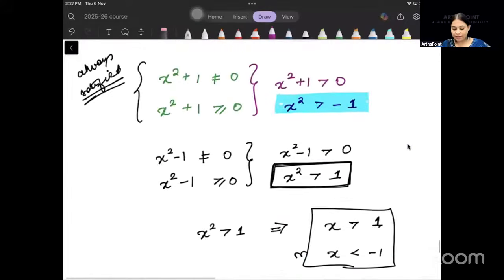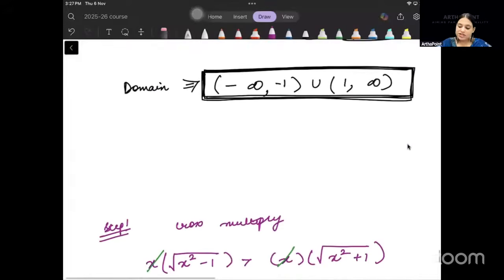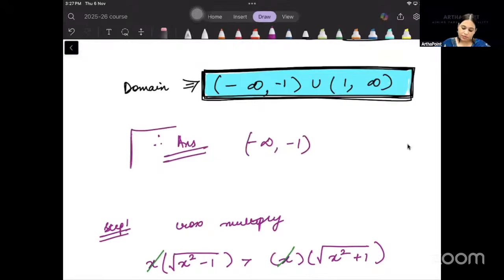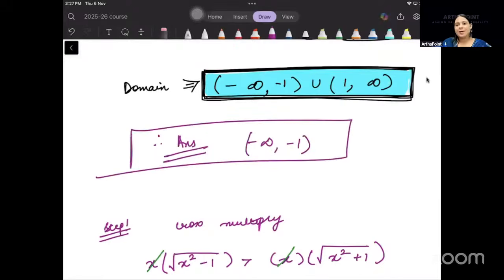If I go back, I had first found out that x can be anywhere in this domain. But now for positive numbers, this is not getting satisfied. So what becomes my answer? This. Is it clear? Of course, we took a lot of time to solve this question, but it was a good one. समझ पा रहे हैं? Is it making sense?